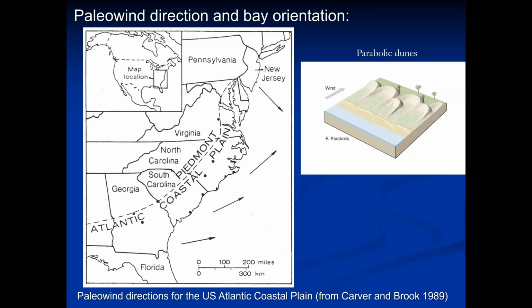And so looking at riverine dunes all up and down the coastal plain of the eastern US, he was able to show that the prevailing wind patterns shift as you move north from Georgia, northern Florida, through South Carolina. And what we find is that the prevailing wind pattern is perpendicular to the long axis of the bays.